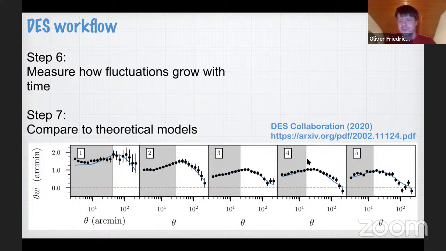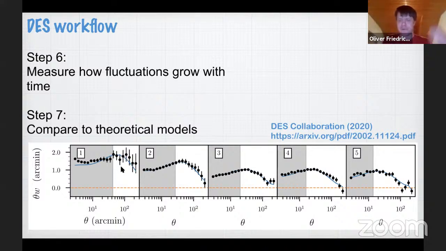This is a figure from our first real big scientific publication. It actually came out in 2018 already. It just took a while to get it published in a real journal, which is why you see the 2020 here. This is telling you about 5 different ranges in distance.